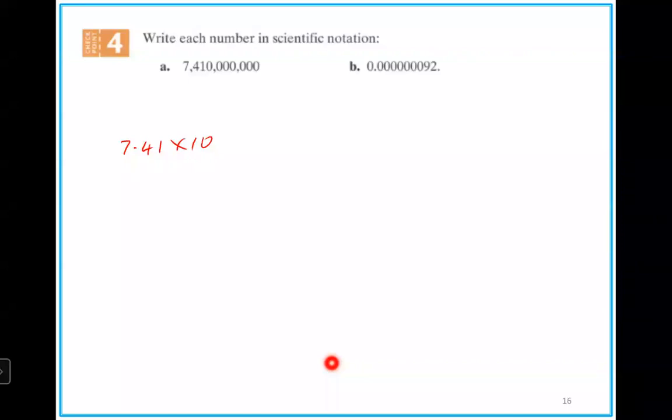Okay, so the point is, you placing the point here, and it was here. How many places you have to move it? 9. Okay. So it's 10 to the 9th power. Okay, thank you. That's 7.41 times 10 to the 9th power.